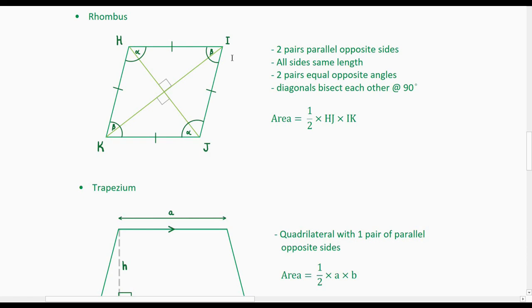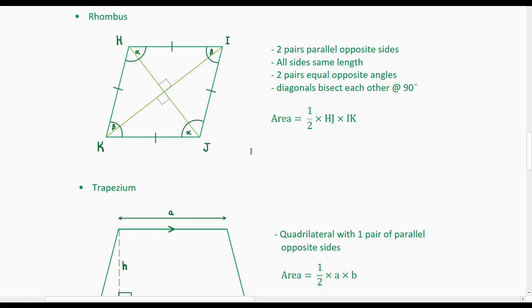And the other special characteristic of a rhombus is that the two diagonals bisect each other at 90-degree angles, essentially splitting the rhombus into four right-angled triangles. And you determine the area of the rhombus by saying half times the product of the two diagonal lengths.